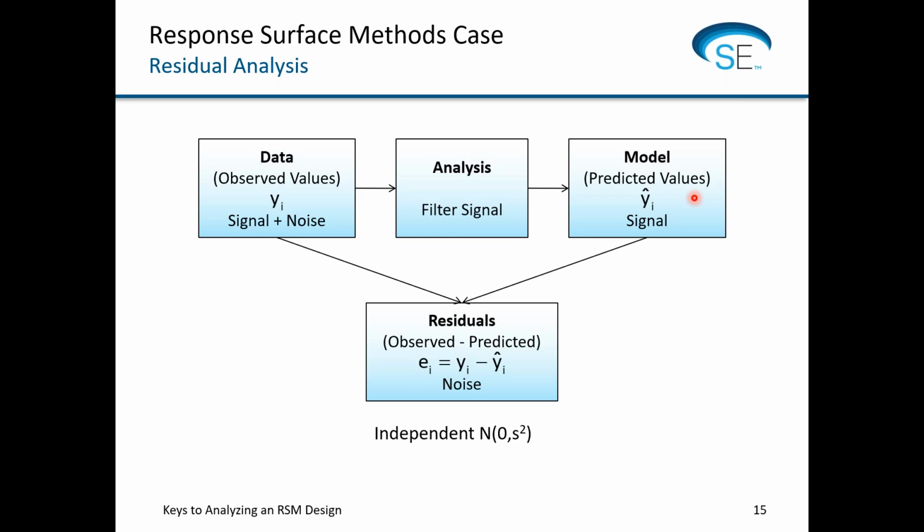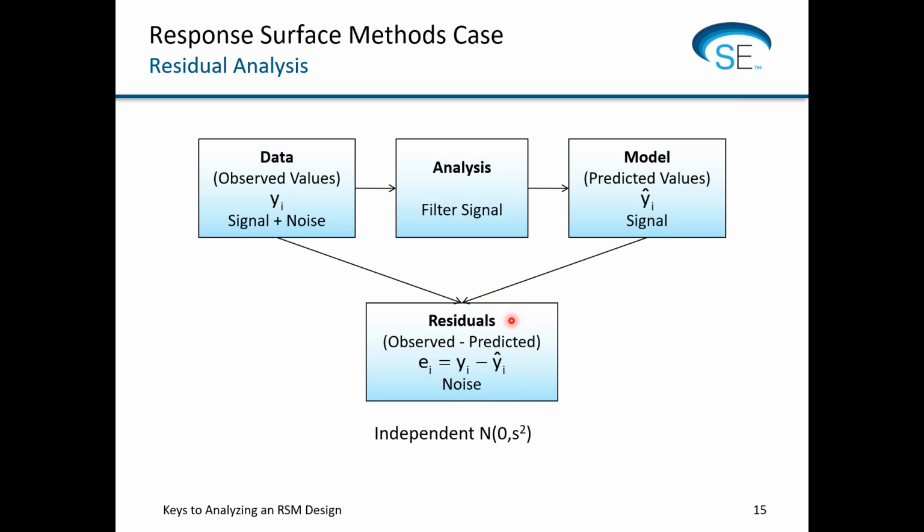We then compare those predictions to the original observations. The difference between the observed data and the predicted data for that particular run is called the residual. So it is the noise in your system.